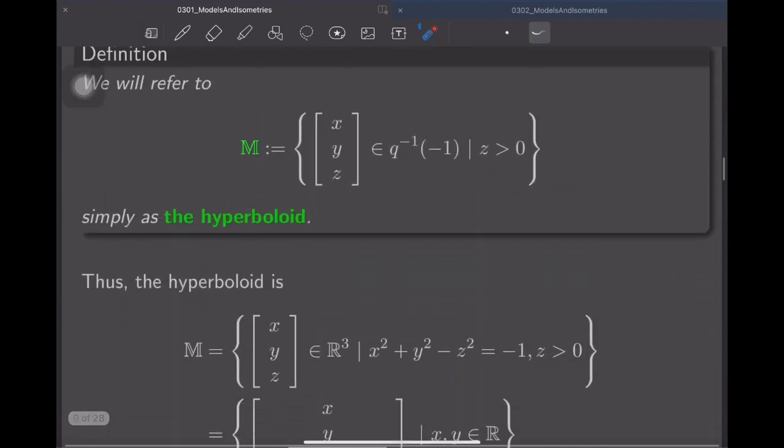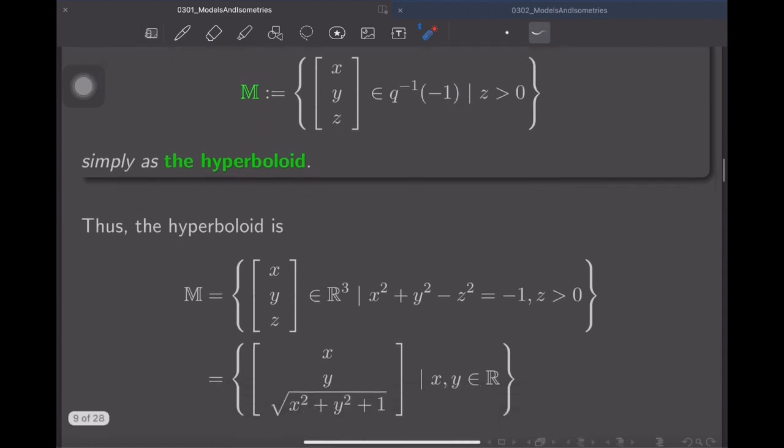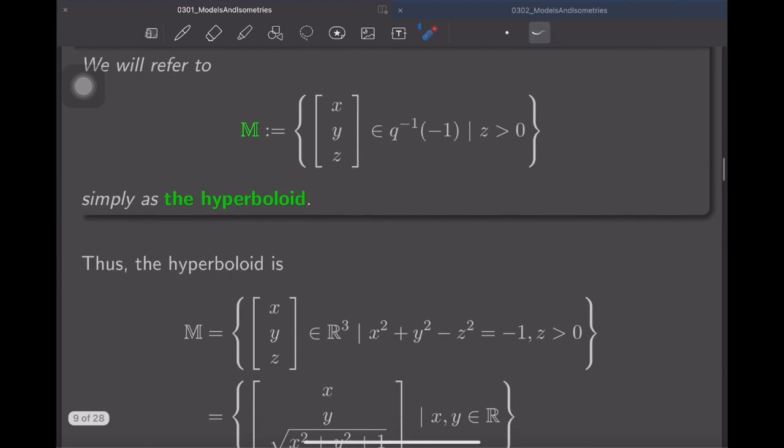And we considered, as I said, the level set for -1. So this is the x, y, z's that satisfy this equation. So this really is a hyperboloid of 2 sheets. So we considered only one of them, right? The one that lies on top. And we said that such a sheet of that 2-sheeted hyperboloid, we are going to simply call the hyperboloid.